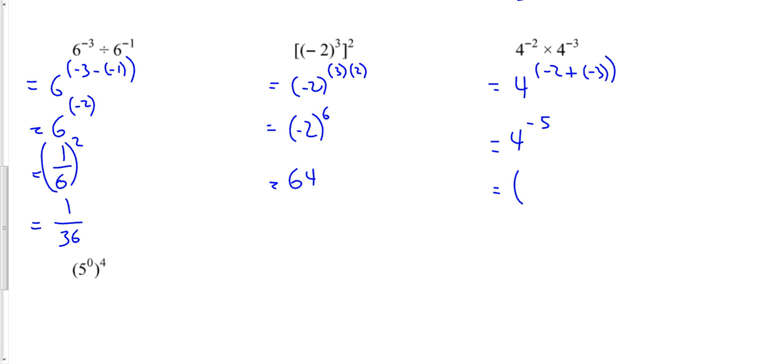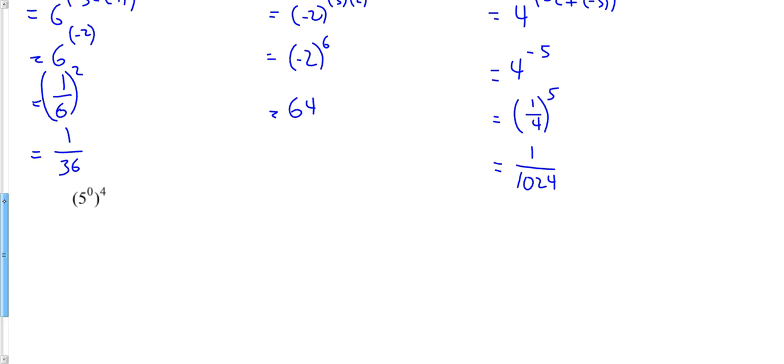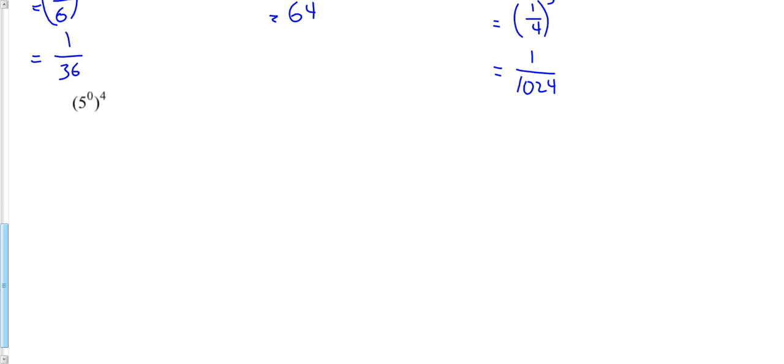That means I have to flip the base. So it becomes 1 over 4, and then power of +5. So I end up with 1 over 4 to the exponent 5, which is 1 over 1024.